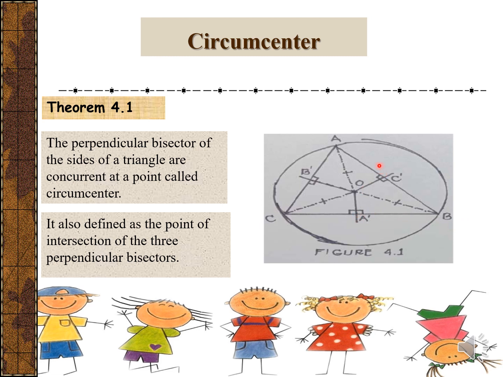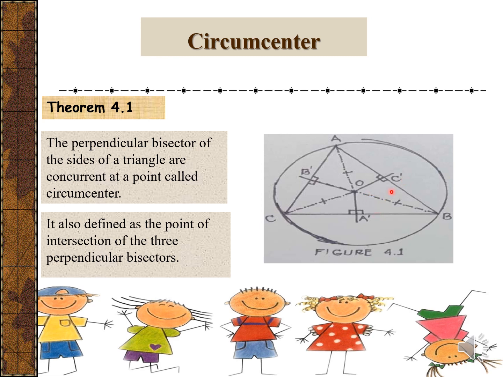The point O is equidistant from A and C because of the perpendicular bisector of them, which is B'O. It is also equidistant from A and B because of the line perpendicular to it, which is C'O.